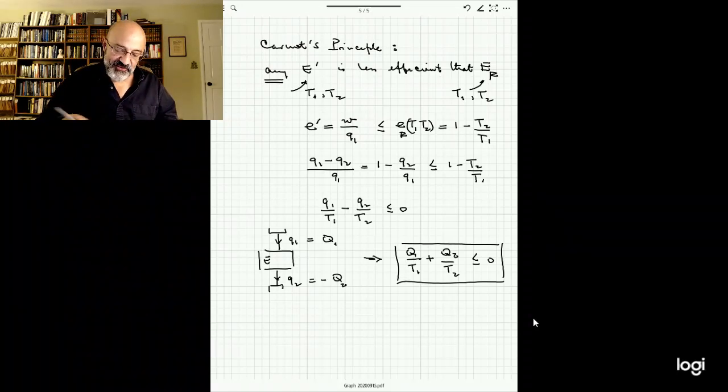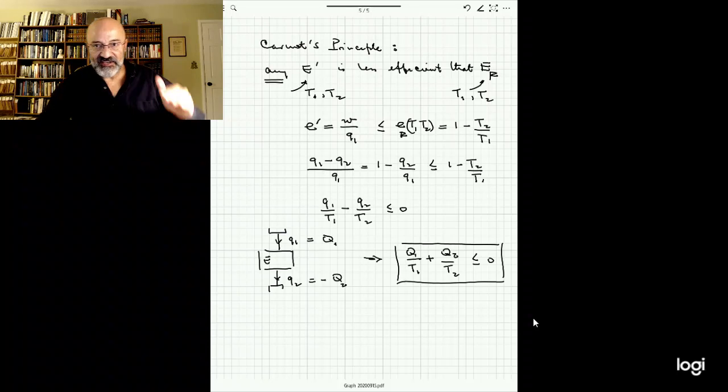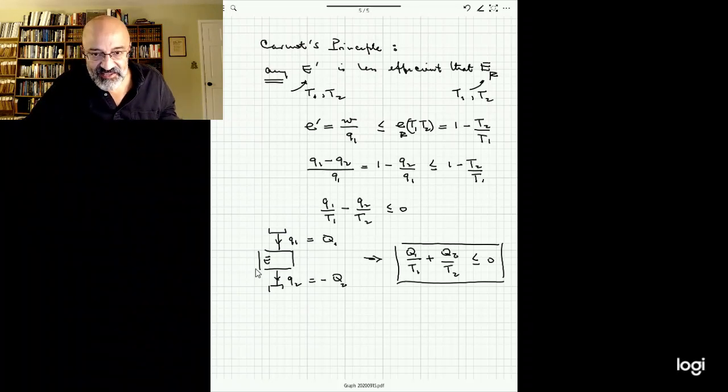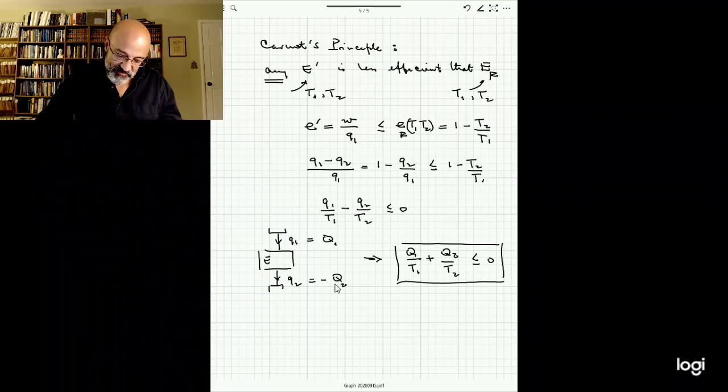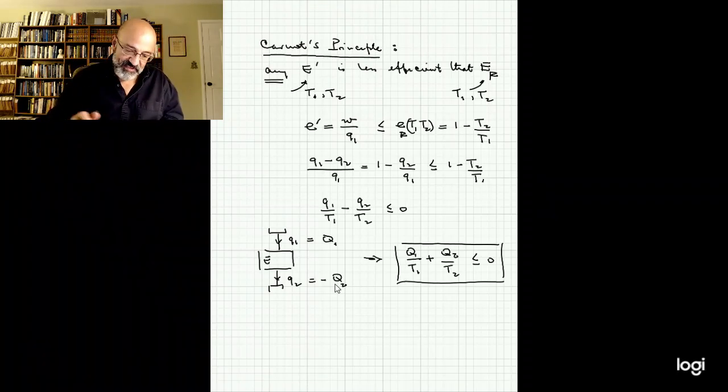You can also write this for an engine that has many reservoirs. Now clearly this is going to be even less efficient than an engine like this, right? But nothing prevents you from rewriting Carnot's principle now for a cycle of engines.